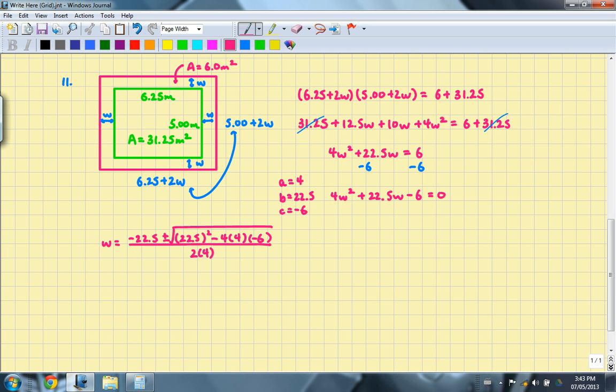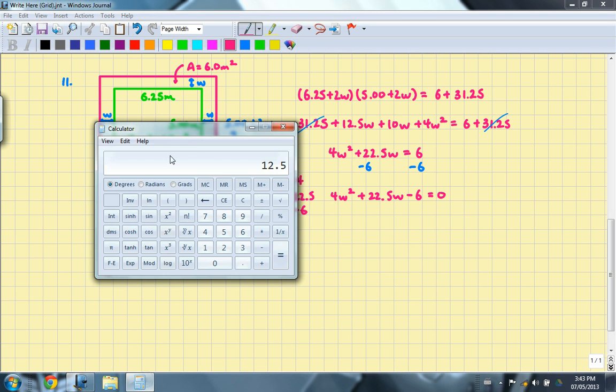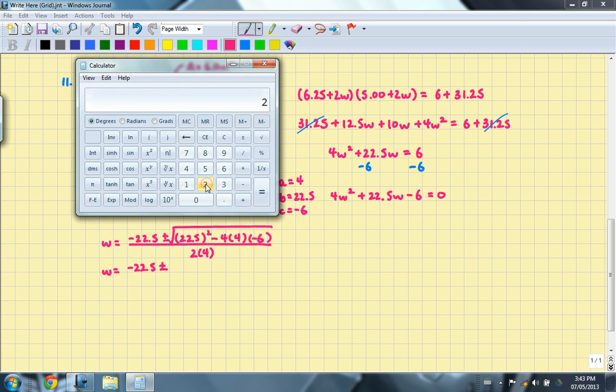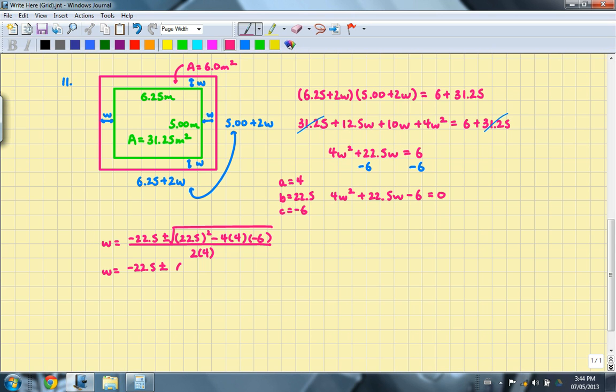Okay, so again, we're going to use the calculators to simplify what is underneath the square root. So 22.5 squared minus 4 times negative 6. That will be 602.25.